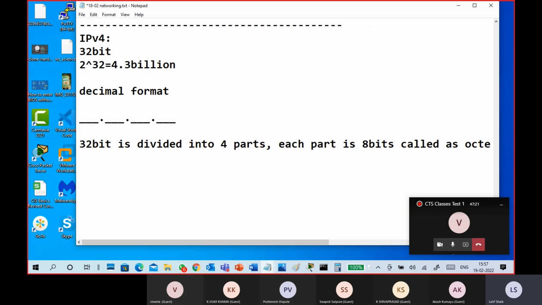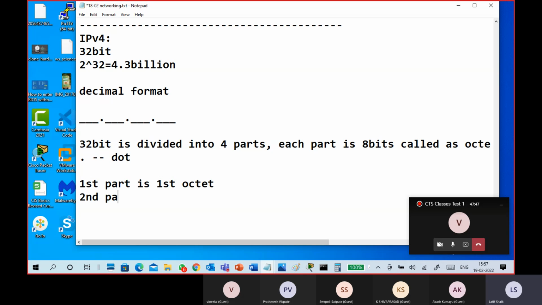Okay, so this is called a dot. So the first part is the first octet. Same as, the second part is the second octet.